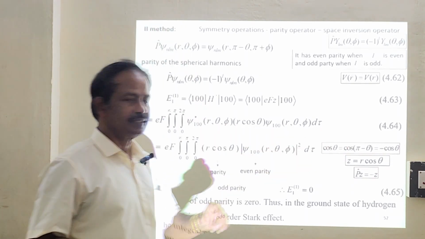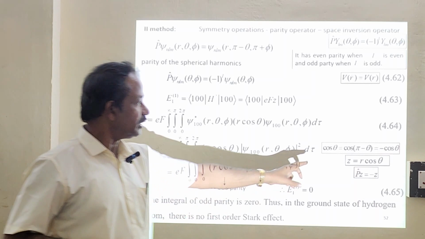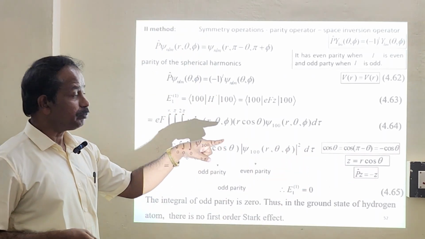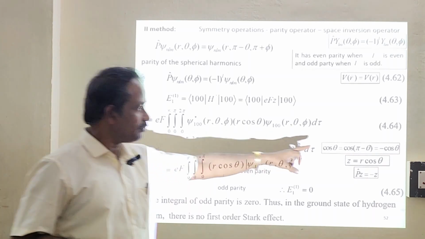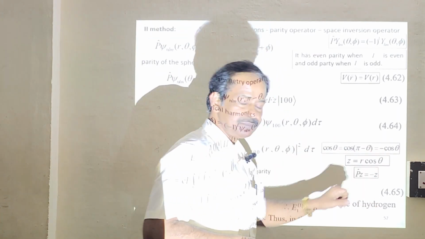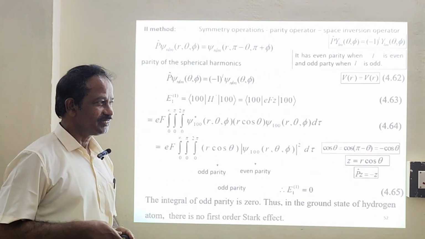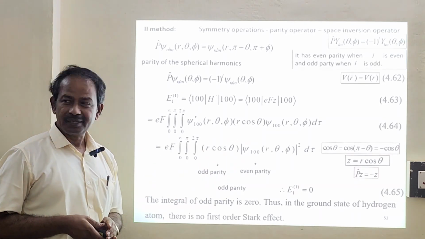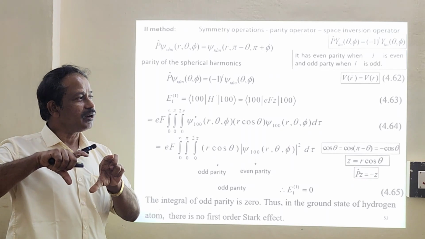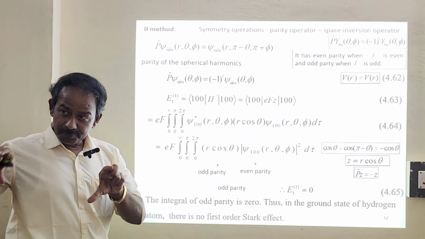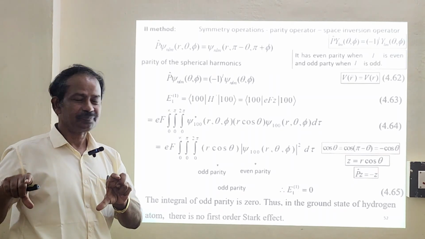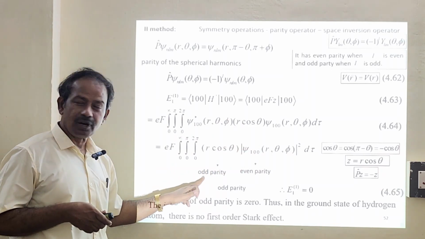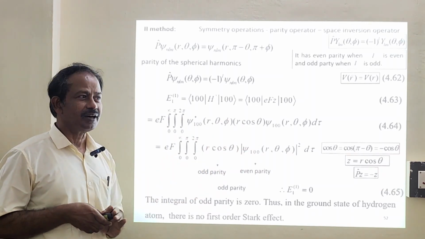So we have minus cos theta. We know Z equals r cos theta, so the operator P on Z gives minus Z. That is odd parity. If the operator on Z gave simply Z, it would be even parity. It is minus Z, so it is odd parity.